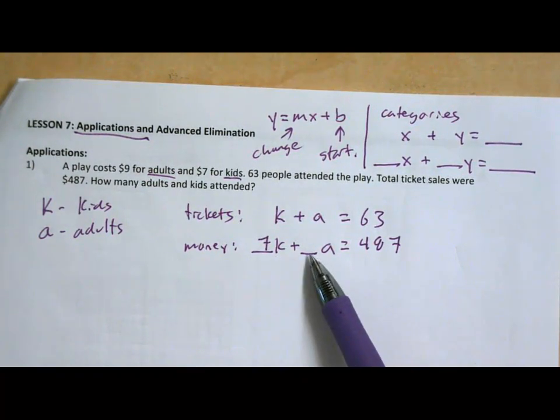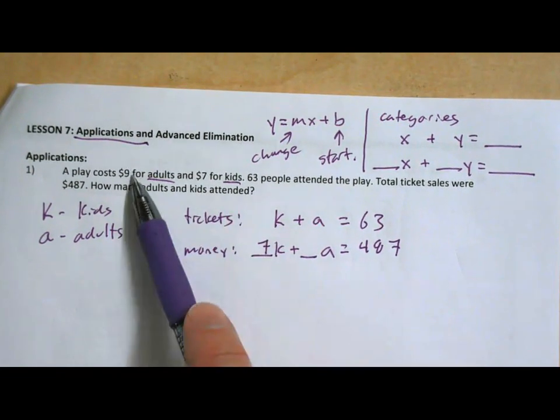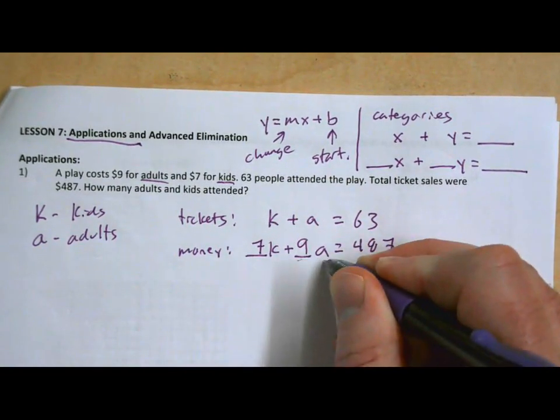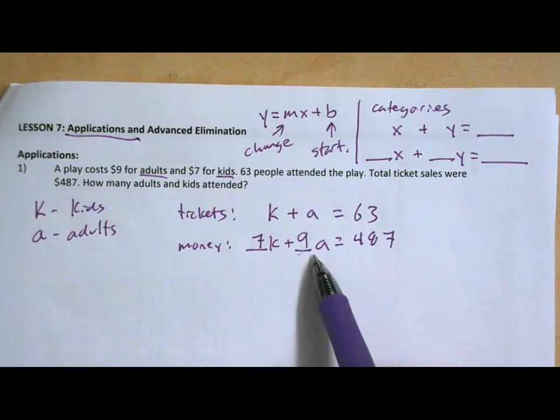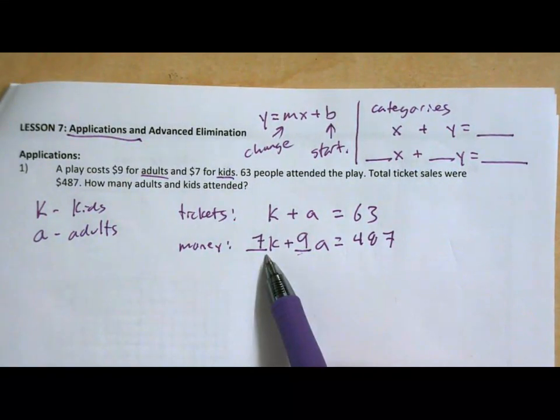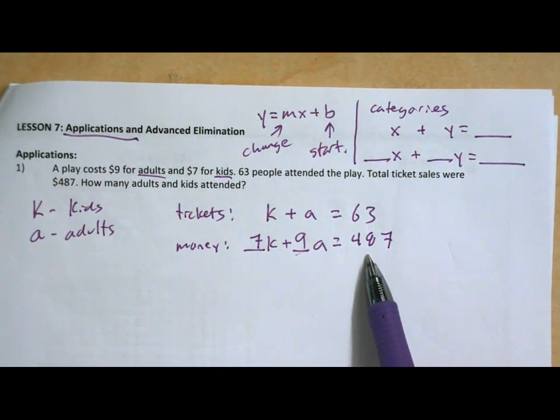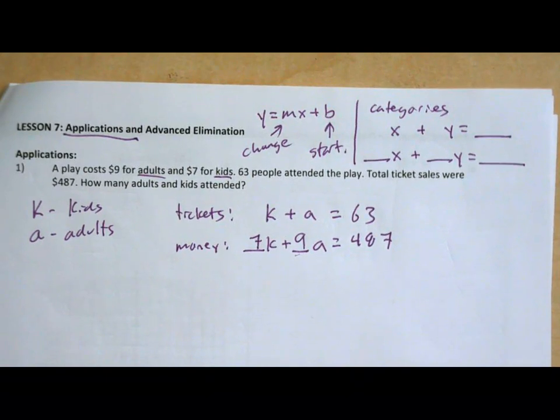And then if you're using the 7 for the kids, I bet you're using 9 for the adults. Is that right? 9 times the number of adults would give me how much money I made off of the adults. So the money I made off of the kids plus the money I made off of the adults, total, would be 487. Does that make sense? Cool. That's our system. All we got to do is solve it.